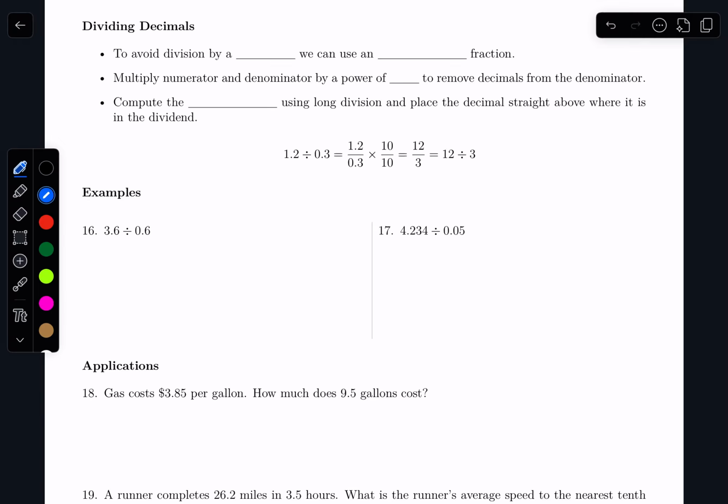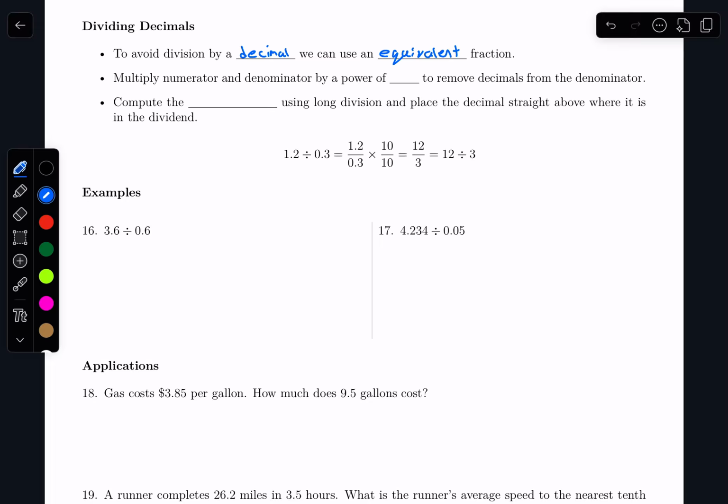To avoid division by a decimal, which might seem like a weird way to start this sentence considering I'm saying we're dividing decimals, but to avoid division by a decimal, what we're going to do is use an equivalent fraction. Now, equivalent fractions, we've seen that before. We know how to turn a fraction into a different fraction that's equivalent by just multiplying the numerator and denominator by the same value.